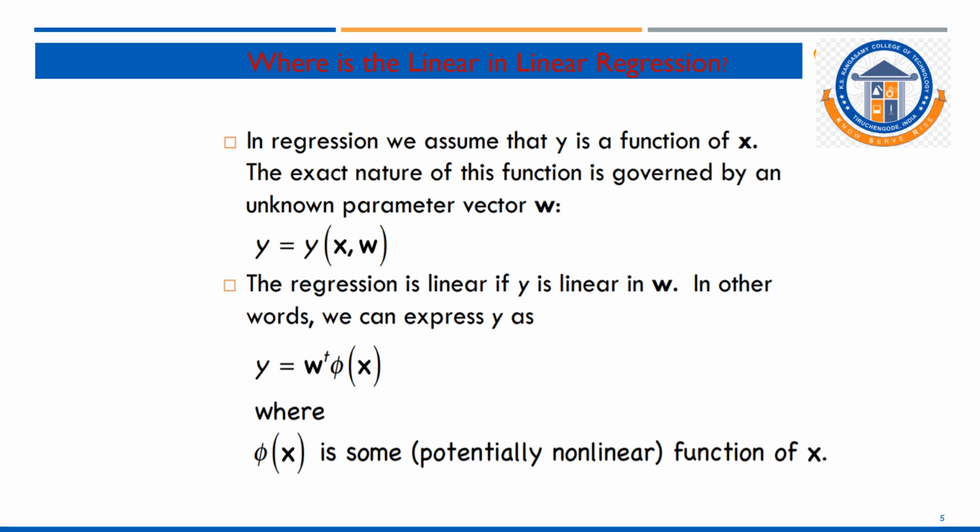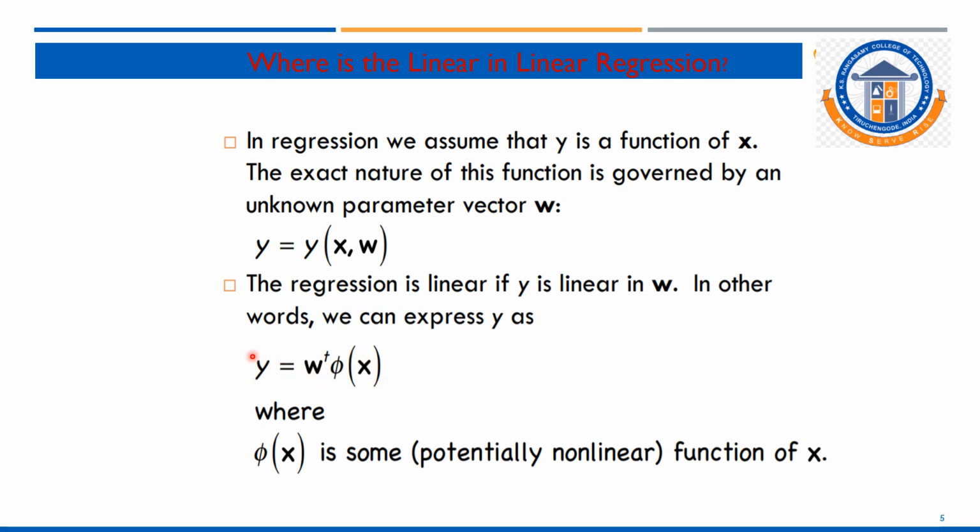In a linear regression, suppose we need to find an unknown parameter y, which is a function of x and the parameter value w. It can be expressed in terms of y is equal to w transpose times some function, which is a nonlinear function of x. x is an input, and y is a function of x.